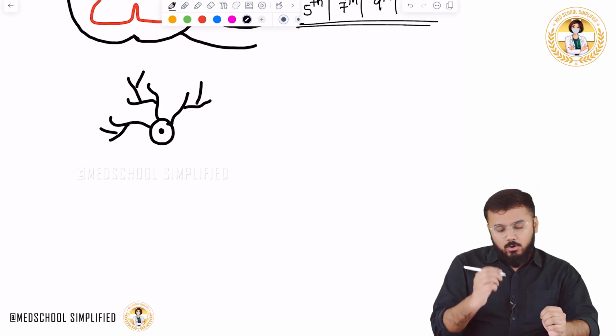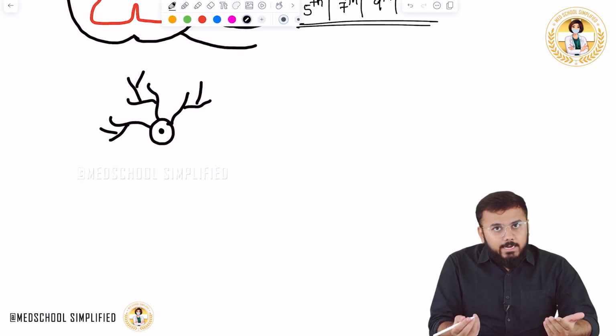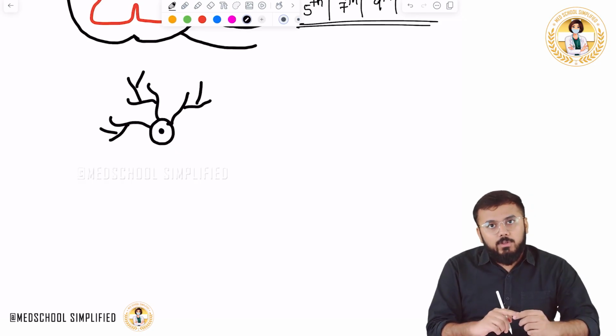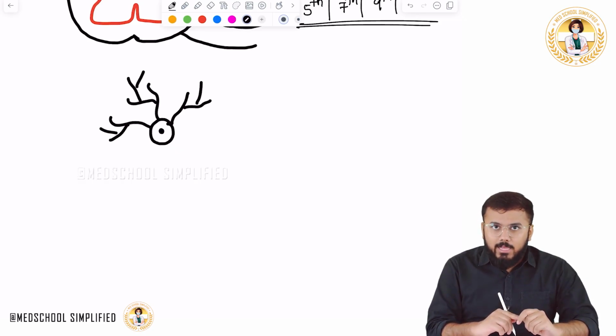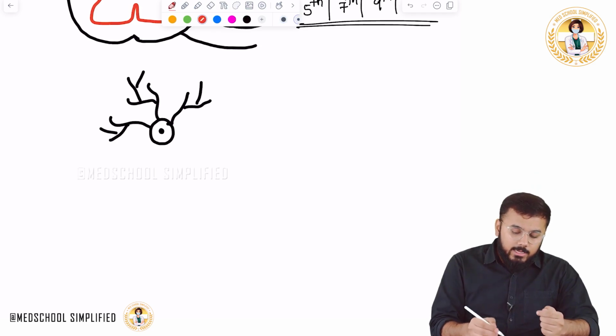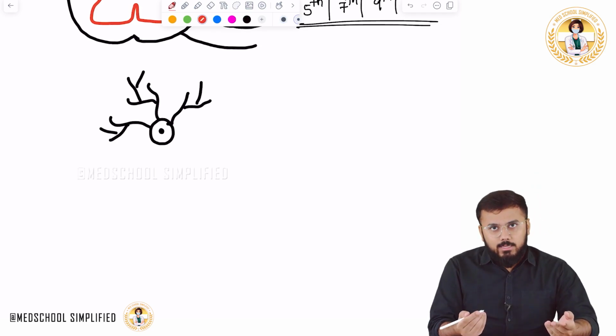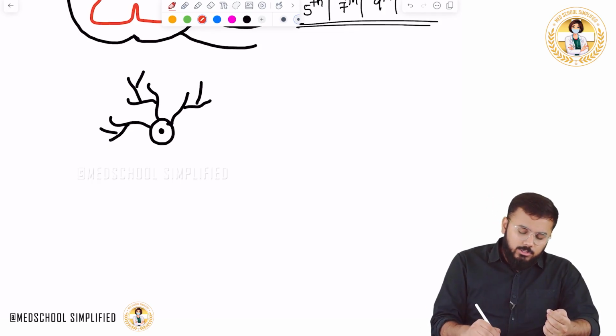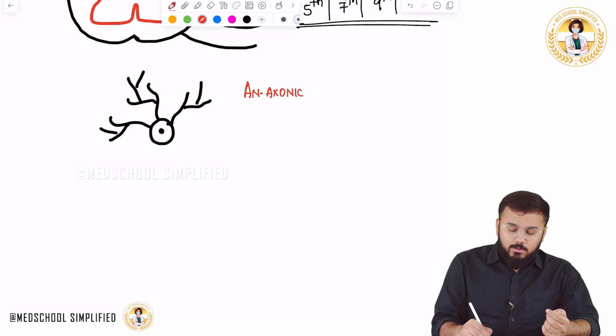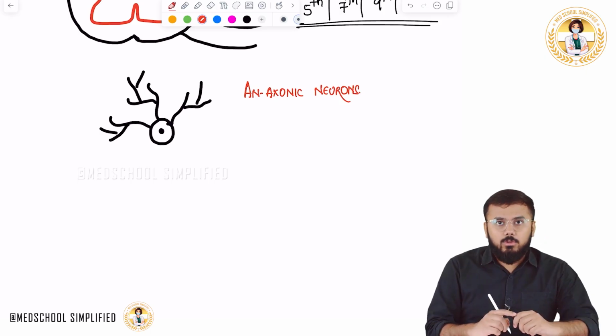These are called your dendrites. Is there any axon over here? No, there is no axon over here. Such neurons do not have any axon, and are called anaxonic neurons.